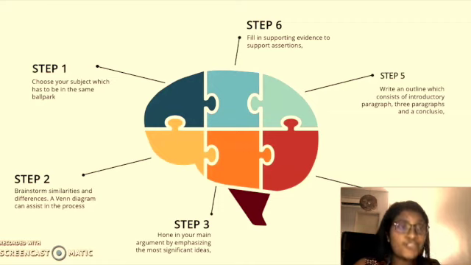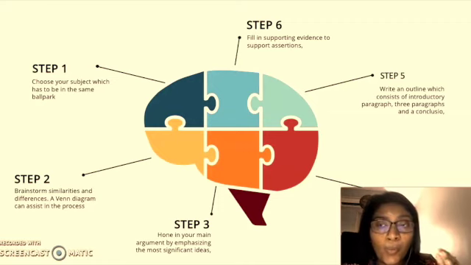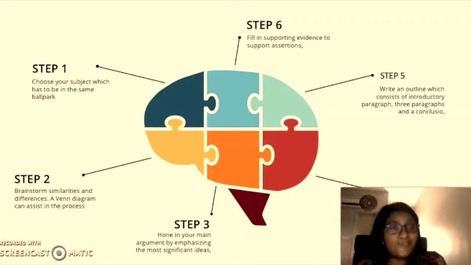So you're supposed to choose your subjects, understand what these subjects are, and try to look at them in two different approaches. Second step, you brainstorm or lay out the similarities and differences these subjects have. Usually for this step, a Venn diagram will be very useful.